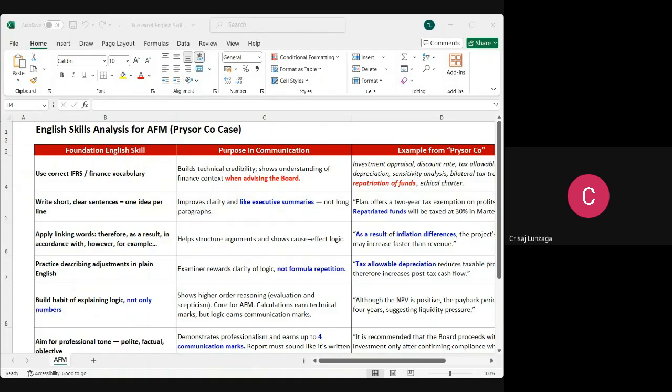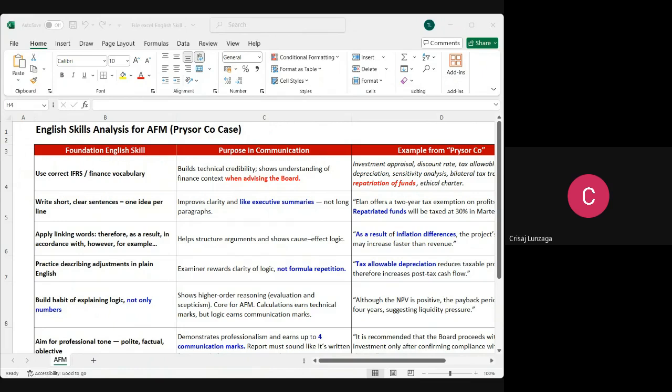You have to take note of your objective tone, and you need an analytical structure to explain financial information professionally and clearly at the same time. So that's the difference, and that's what we're going to learn tonight.